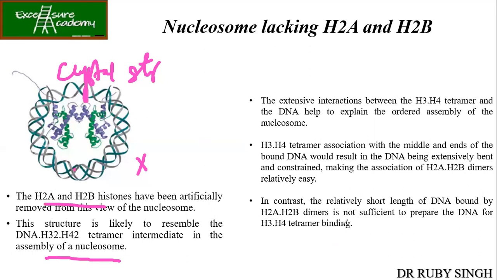Now, the extensive interaction between the H3 H4 tetramer and the DNA will help, okay, to explain the ordered assembly of the nucleosome. Now, what is happening? H3 H4 tetramer association with the middle and ends of the bound DNA would result in the DNA being bent and constrained. And this is actually helping to make the association with the H2A, H2B dimers relatively easy.